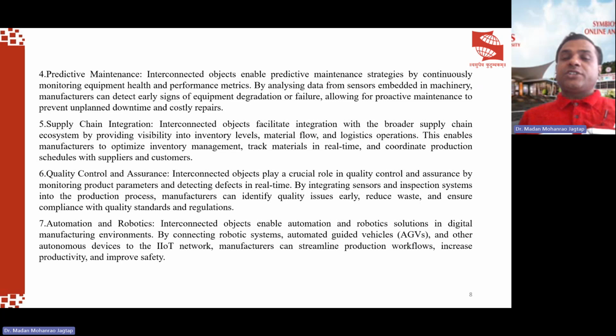Interconnected objects play a crucial role in quality control and assurance by monitoring product parameters and detecting defects in real time. By integrating sensors and inspection systems into the production process, manufacturers can identify quality issues early, reduce waste, and ensure compliance with quality standards and regulations. So with interconnected objects, it will see the particular parameter.